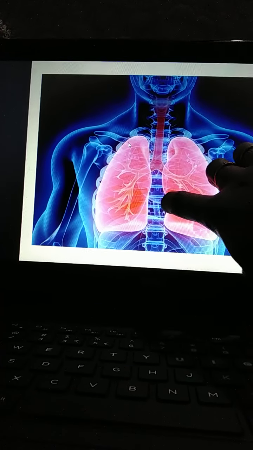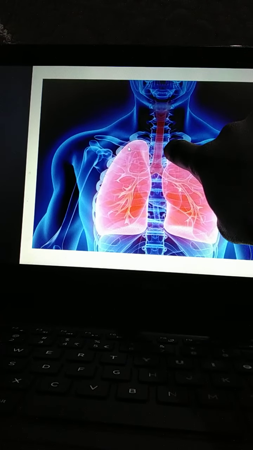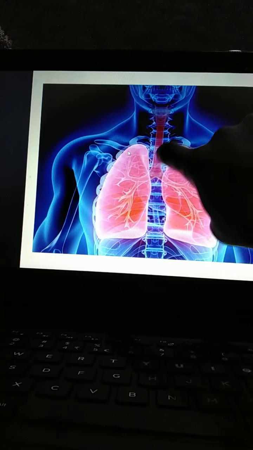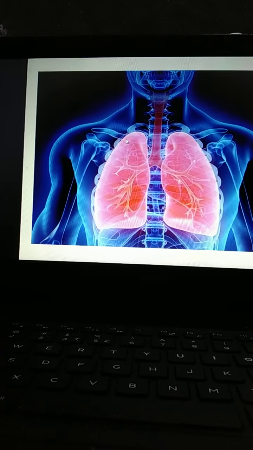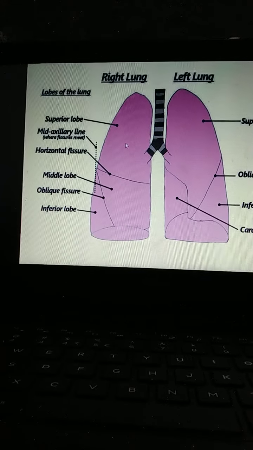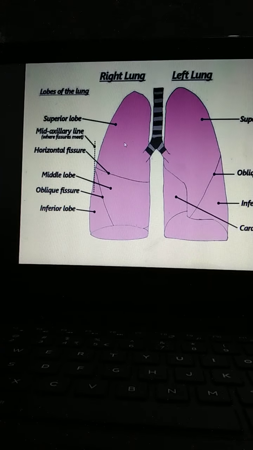Towards the mediastinum, the surface of the lungs is called the medial surface.